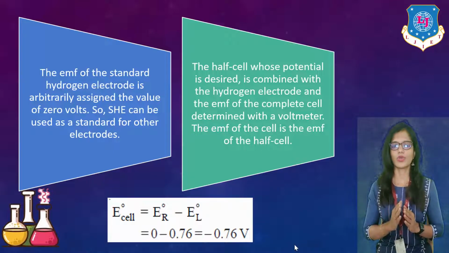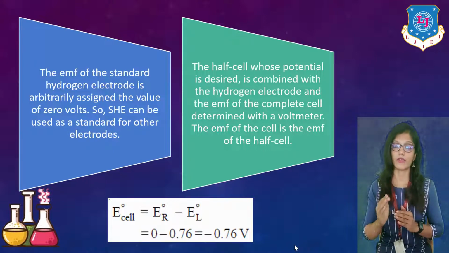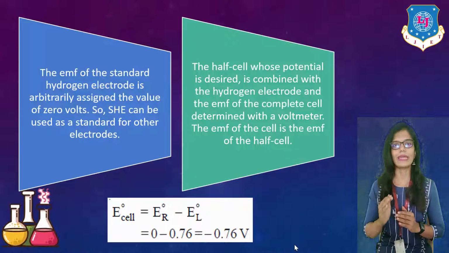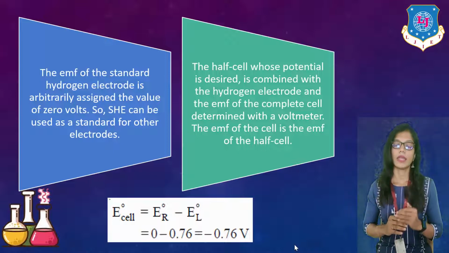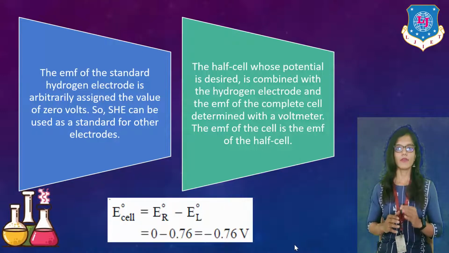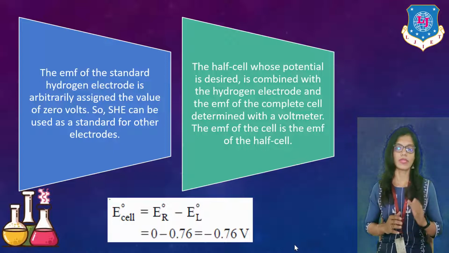So it will work as the best reference electrode for any other half cell. The half cell whose potential is desired is combined with the hydrogen electrode, and the EMF of the complete cell is determined with the voltmeter.